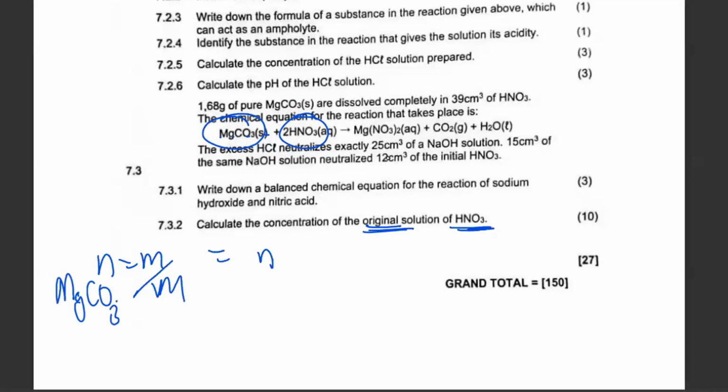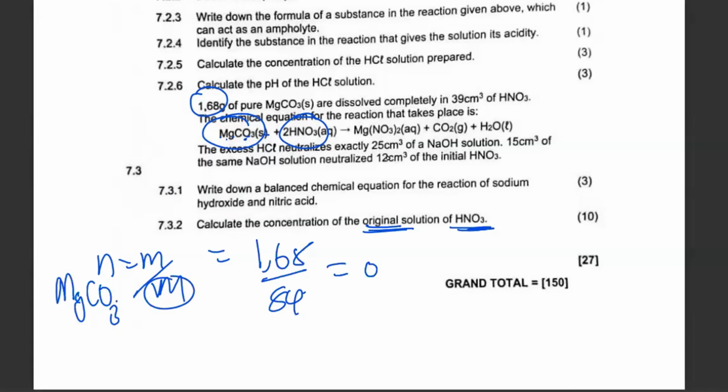It's going to be equal to the mass. We have the mass here, which is 1,68, divided by the molar mass of magnesium carbonate: 24 plus 12 plus 16 times 3, so it gives me 84.